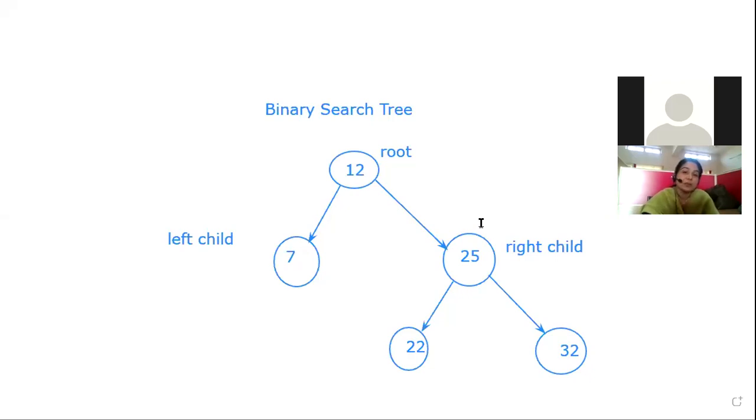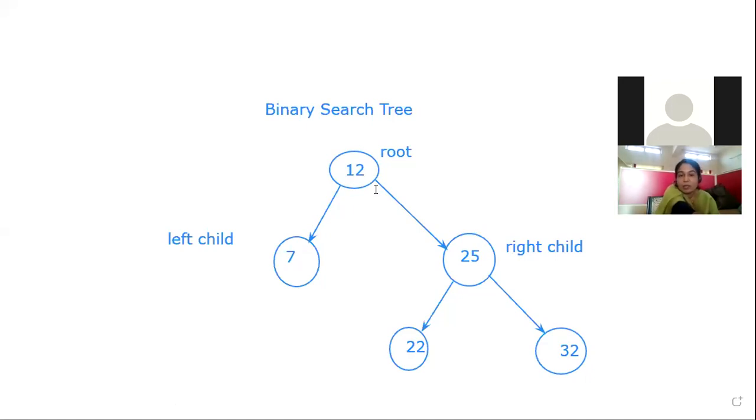I need to search for the element 25, so 25 is compared with the value at the root element. 12 and 25 is compared. 12 is not equal to 25. So always a greater value should be searched at the right side only.